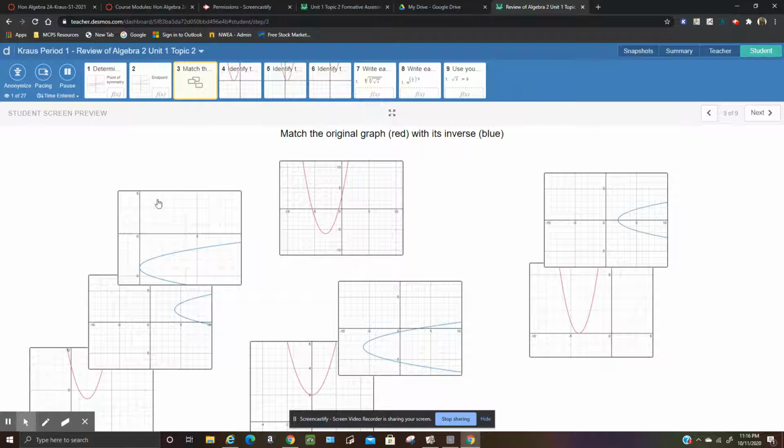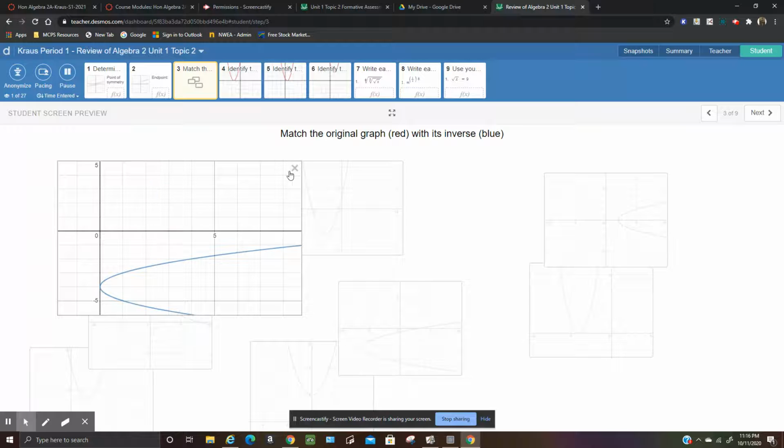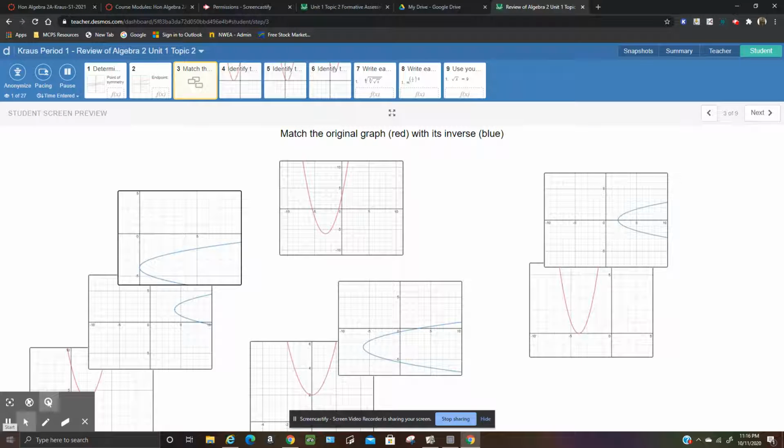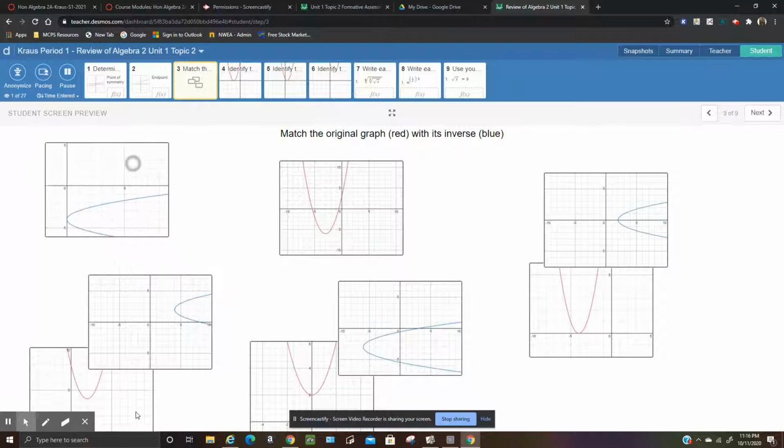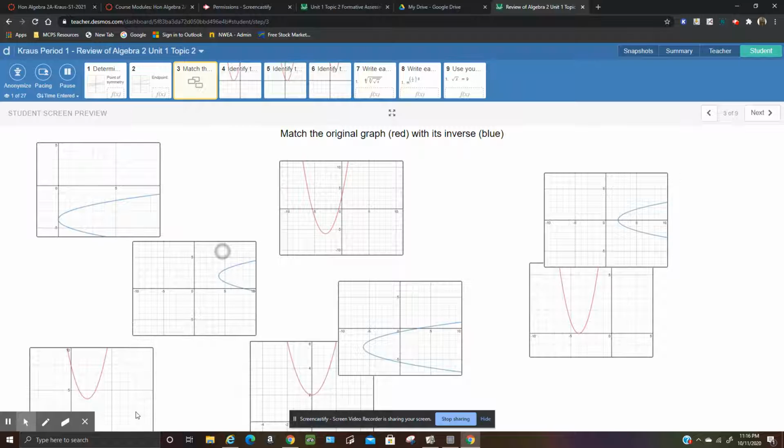All right, so match the original red graph with its inverse, the blue one. So let's move these around here a little bit. It's easier for me to use the slate for that. So if I look at this one here, the vertex, this red one is 1, 2, 3, -3, -6.